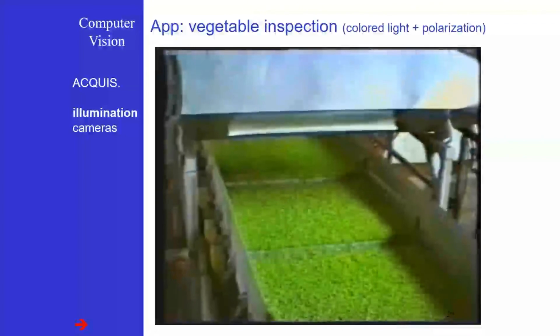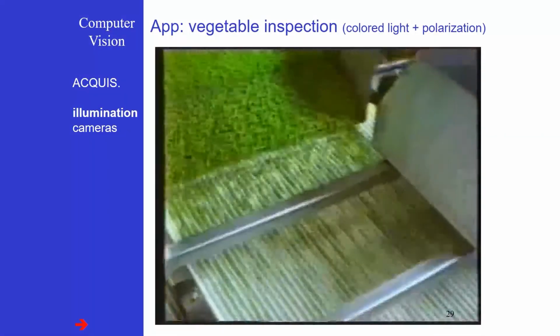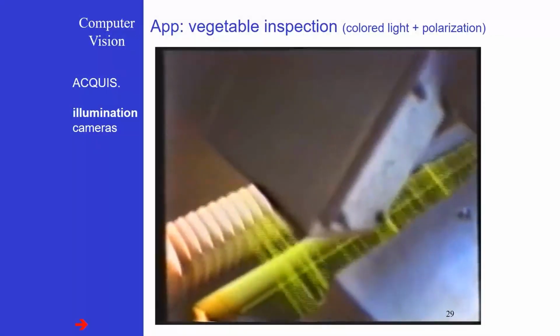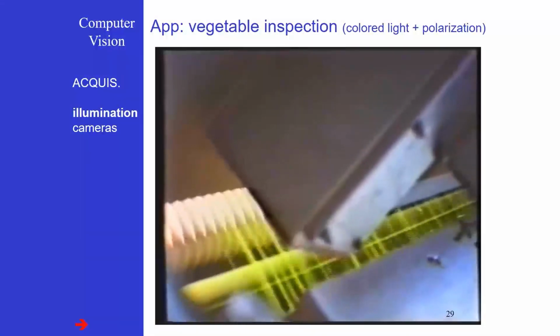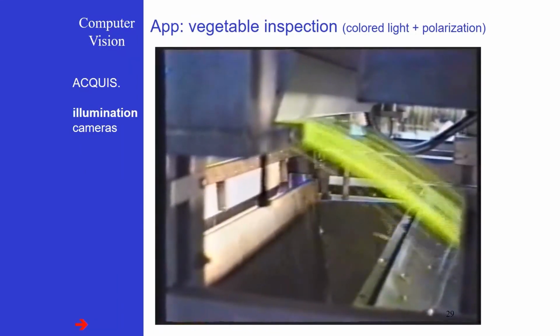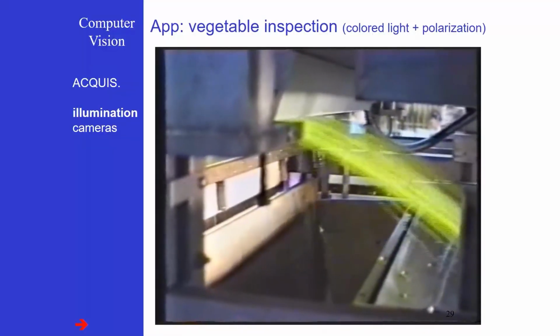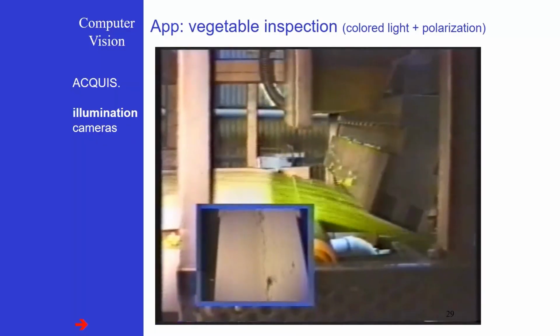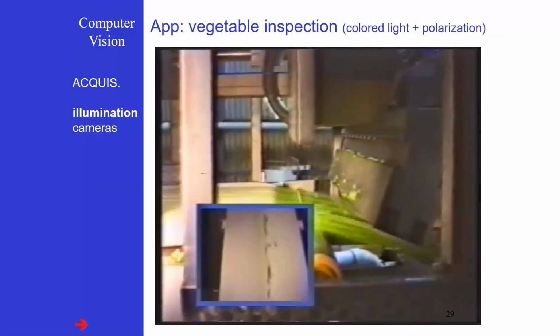Well, as part of this, there are a number of tricks that we have just seen that are used in these types of machines. One is polarized lighting. So usually these vegetables will be washed before they are put through the machine, so the vegetables are quite wet. Polarization is used against specular reflection, as we saw.